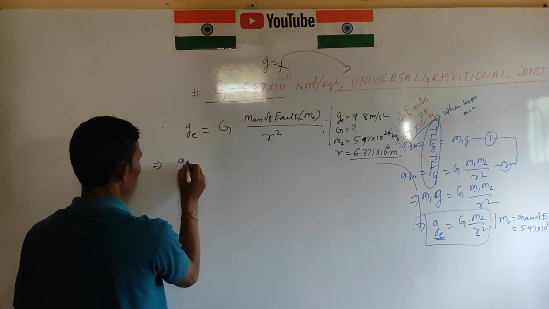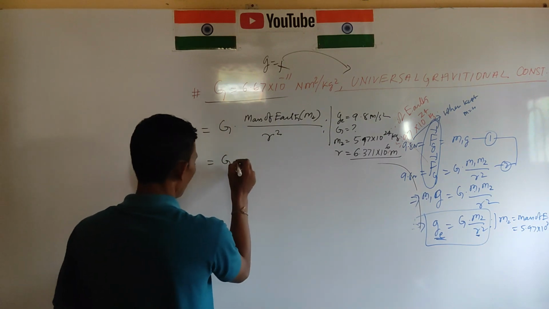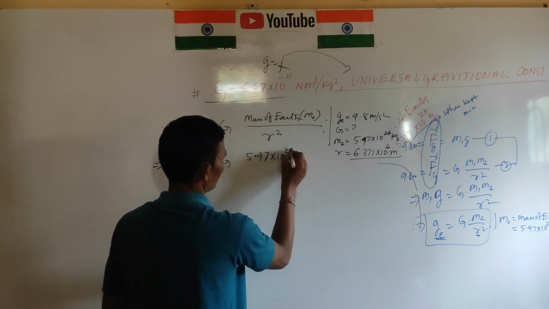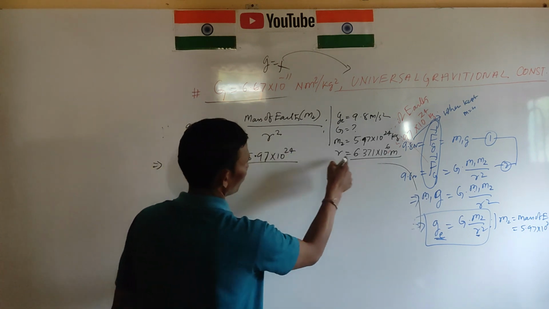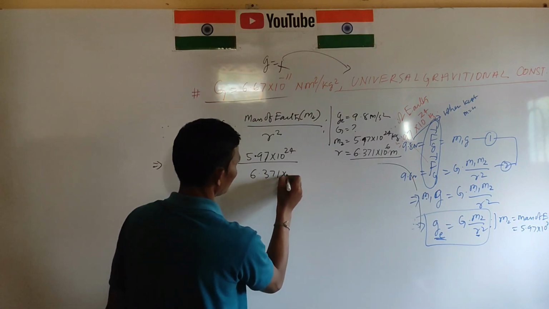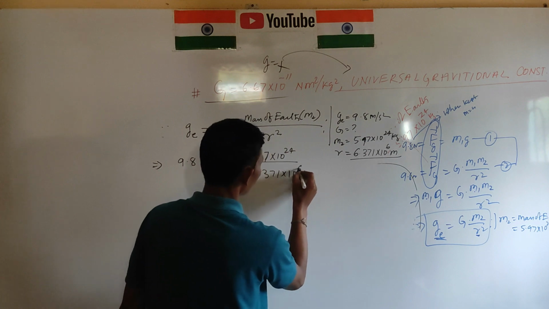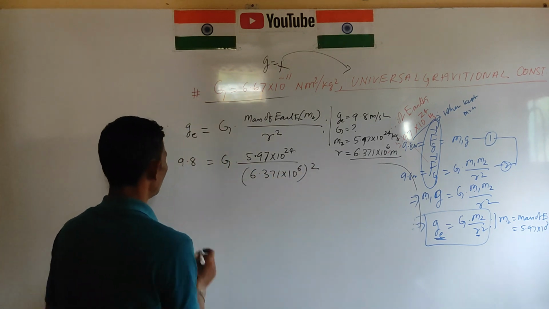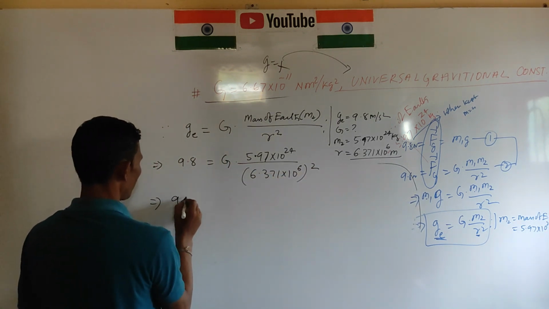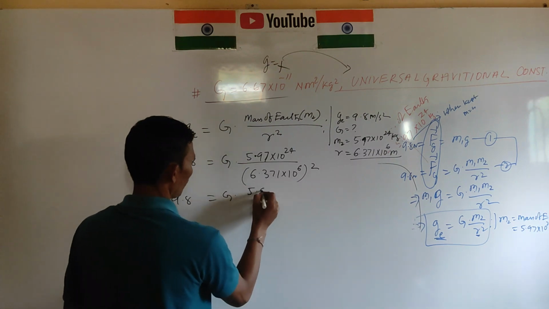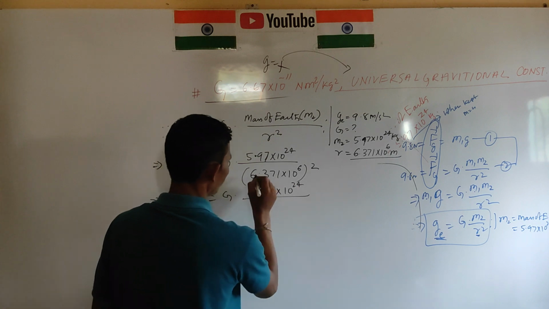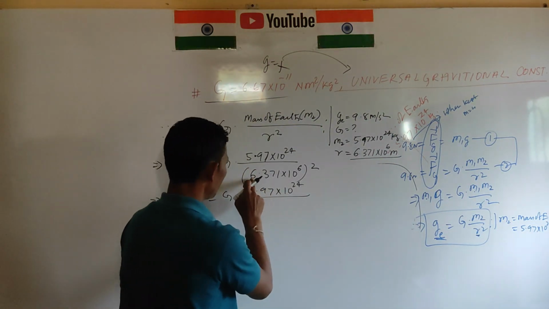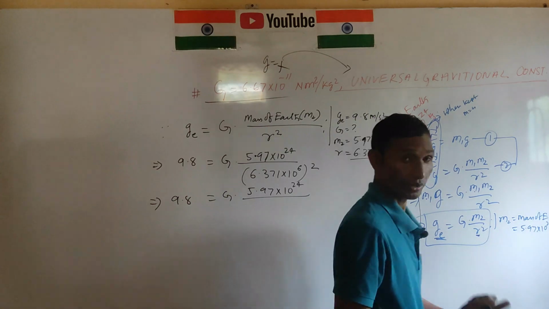This is 9.8, the mass of the earth is 5.97 into 10 to the power 24 kg, and this is 6.371 into 10 to the power 6, squared. So we use the calculator.